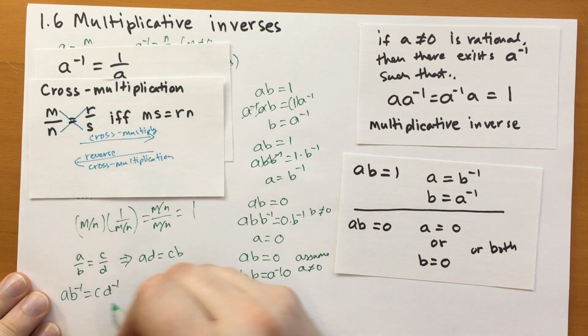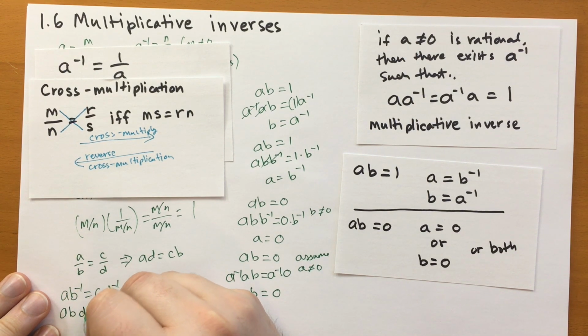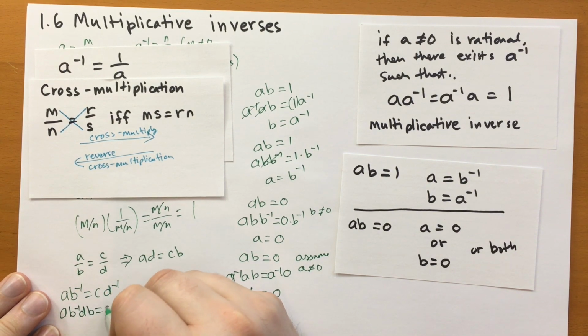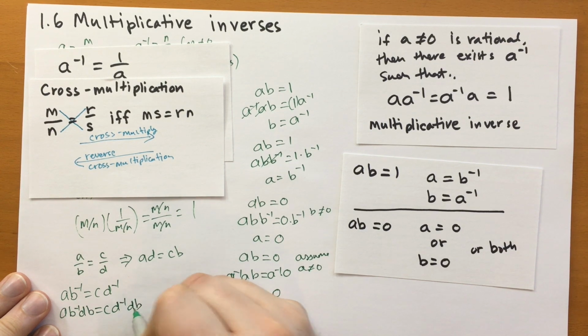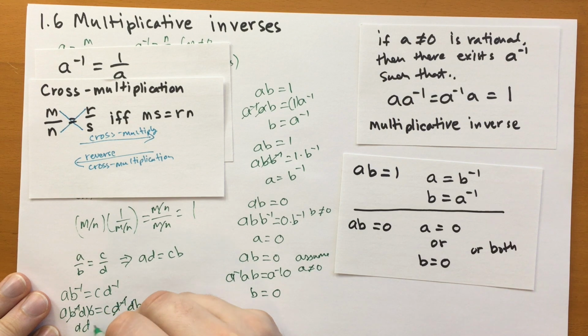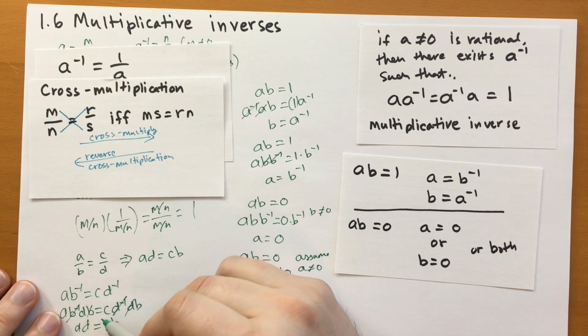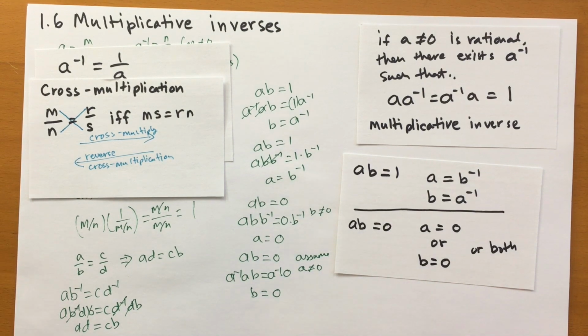Okay, and we multiply both sides by db. So we get a times b to the minus 1 times db, c times d to the minus 1 times db. These two terms become 1, these two terms become 1, and so you get AD is equal to CB. So starting with this, we rewrote it this way, and we multiplied both sides by db, and we got the relationship AD equals CB. And that's it.